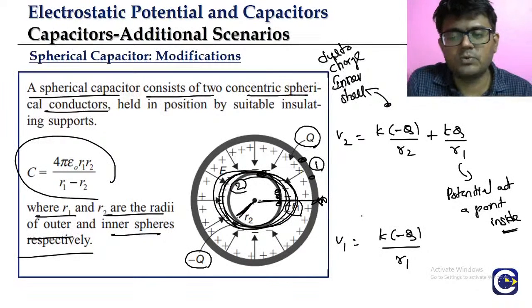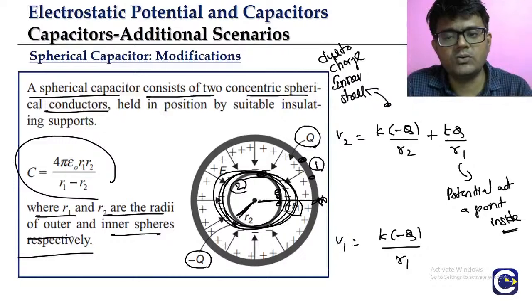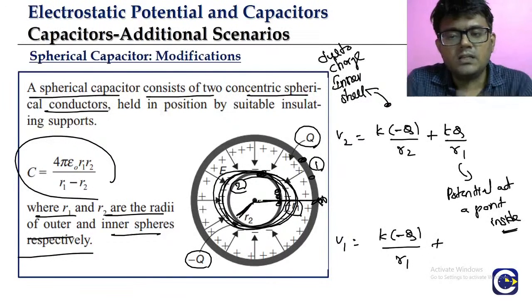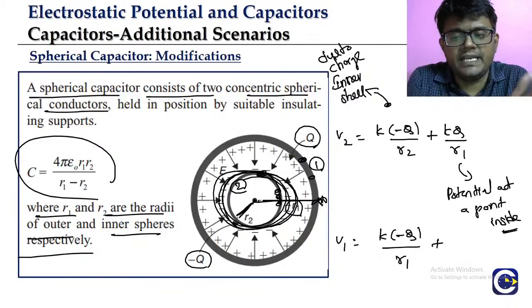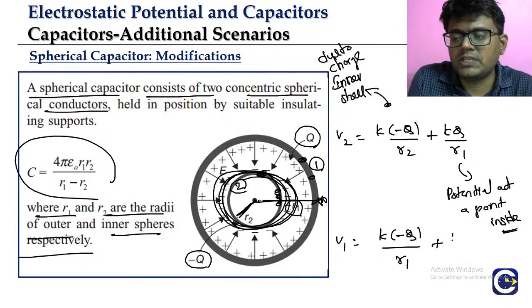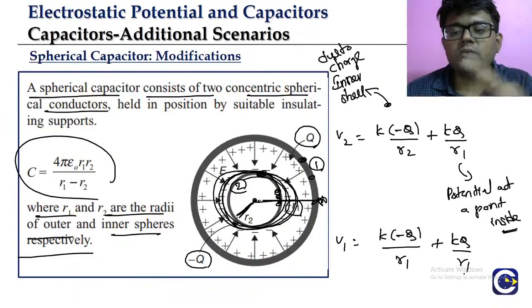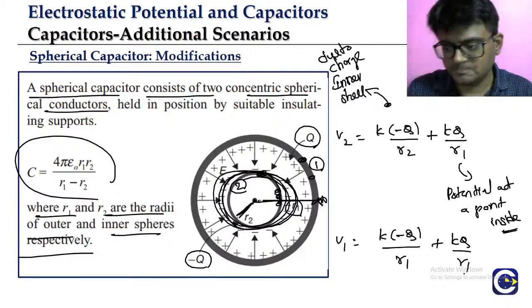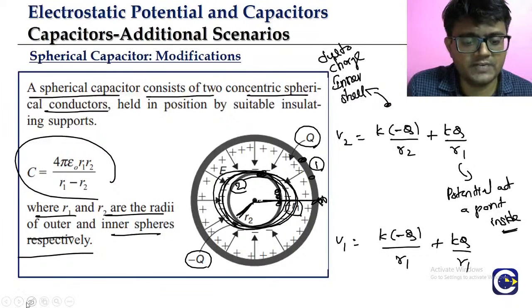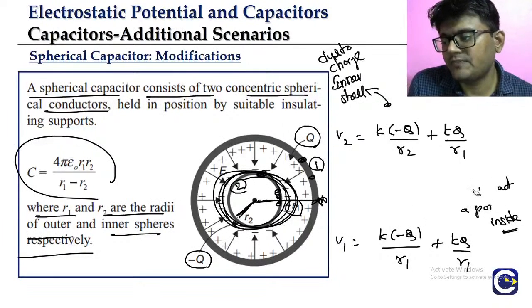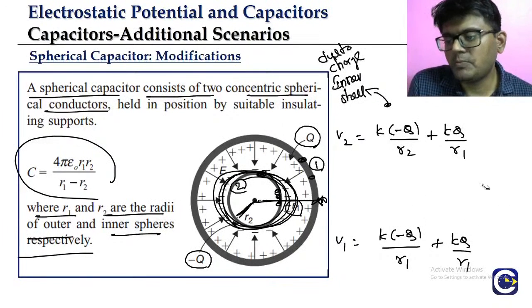The formula is K into the charge on the shell divided by the distance from the center of the shell, which is R1. On shell 1 we have charge Q, so that gives its potential. We are looking for the potential difference, right? So we need to calculate the difference of those two. So what is the potential difference? Look here, what will the potential difference be?